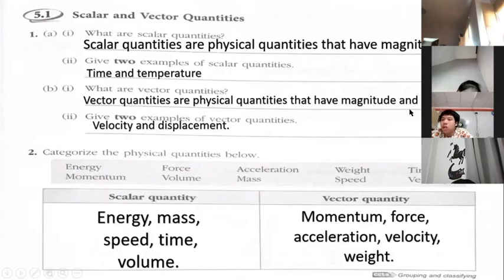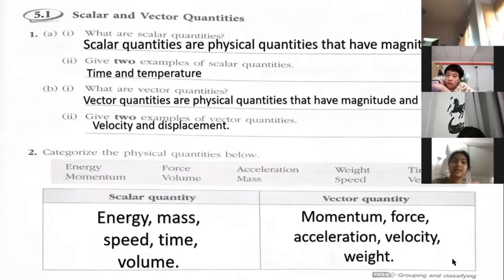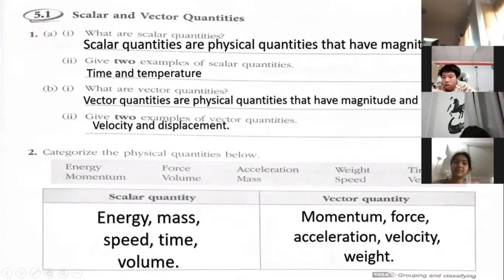Very good. Okay, and for letter B, the question is, what are vector quantities? Pepe. Vector quantities are physical quantities that have magnitude and direction.